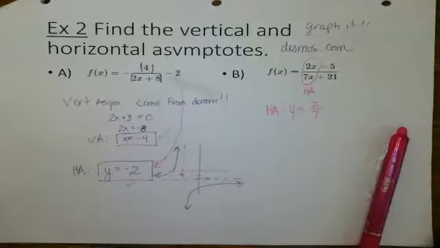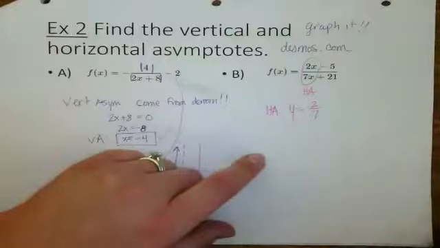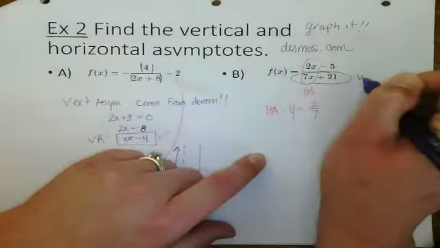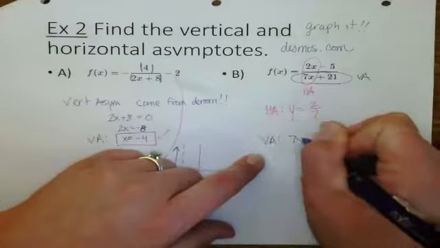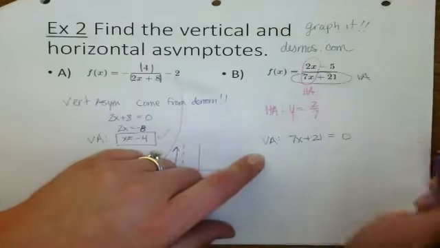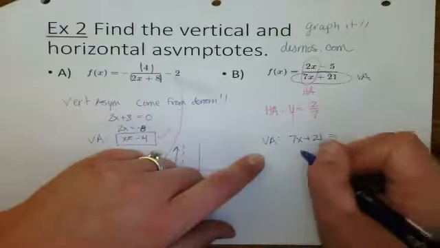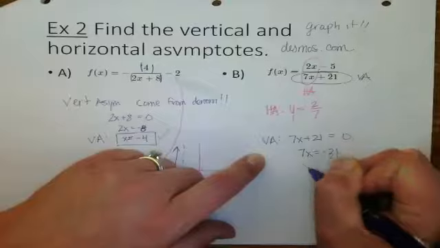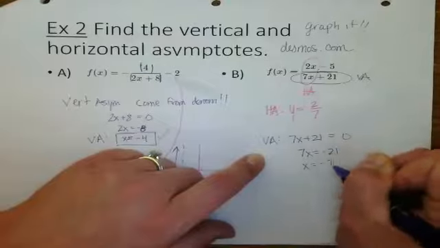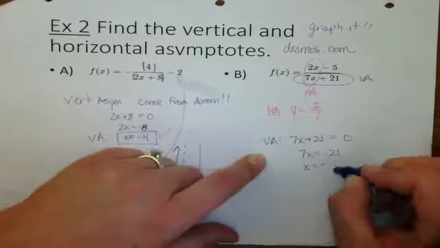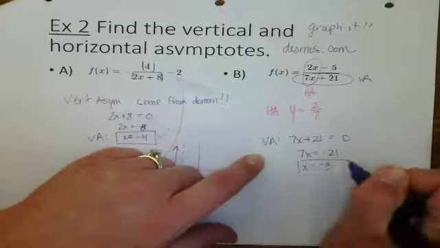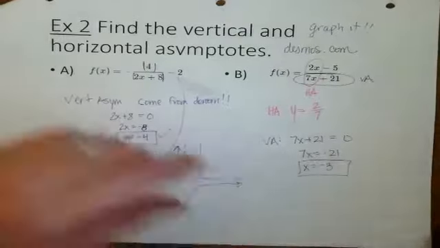And then if we wanted to find the vertical asymptote, it comes from the denominator. So we would say 7x plus 21 gets set equal to 0. We would subtract 21 and divide by 7, which is -3, which I'll just write. There we go. So there's our vertical asymptote and horizontal asymptote.